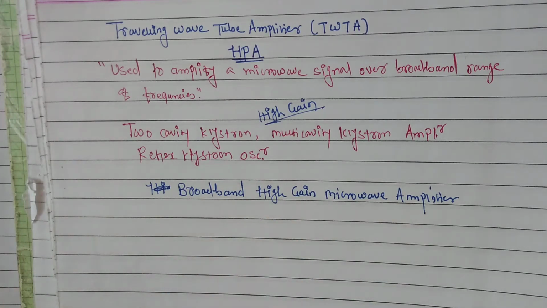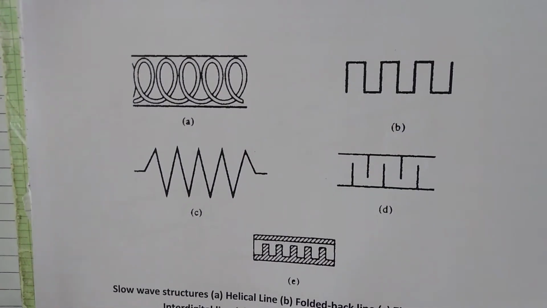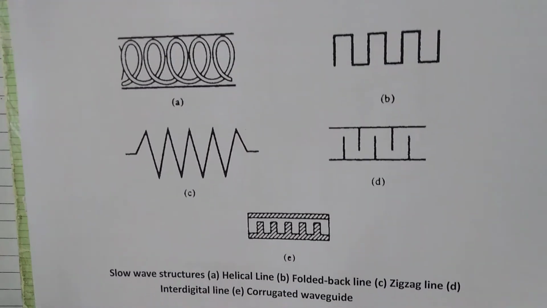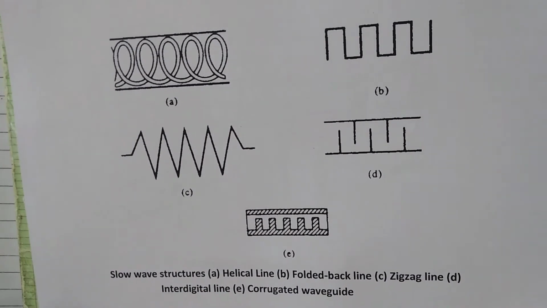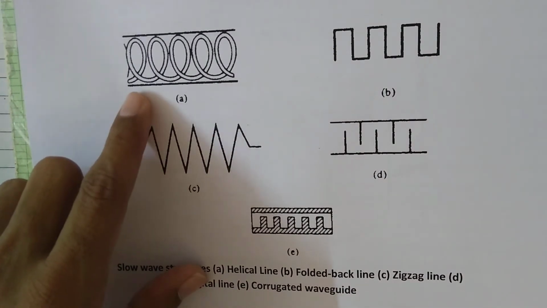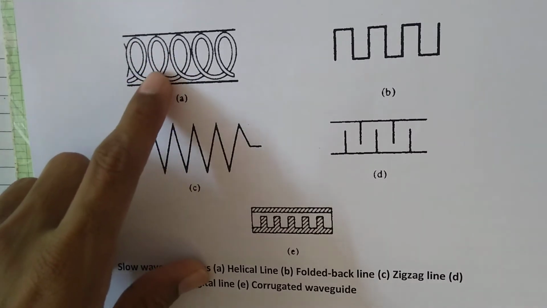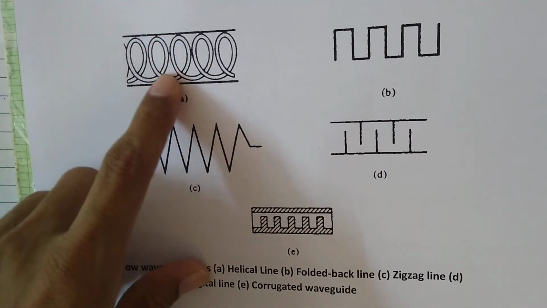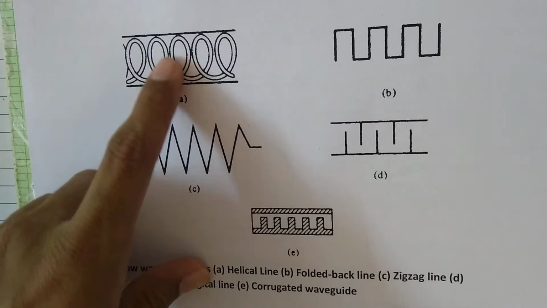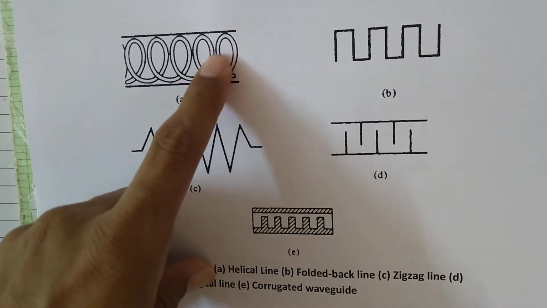There are different types of traveling wave tube amplifiers, but in the helical traveling wave tube amplifier we use a helical structure, or helical line, as the slow wave structure. The electromagnetic wave or RF signal travels down this helical structure, so it slows down and requires more time.